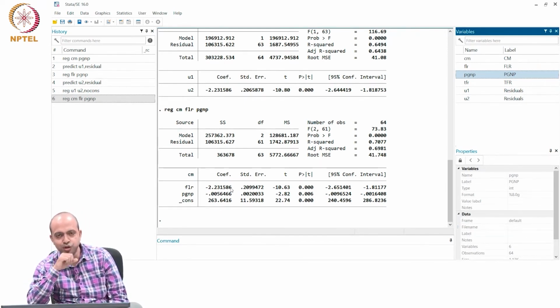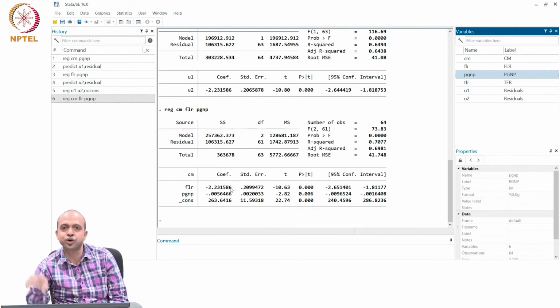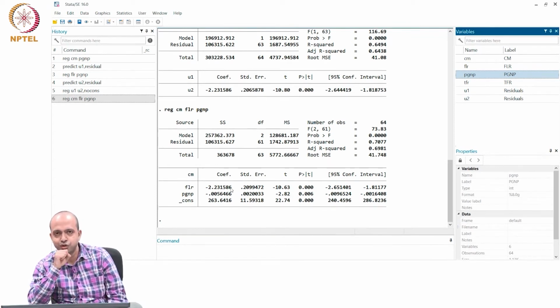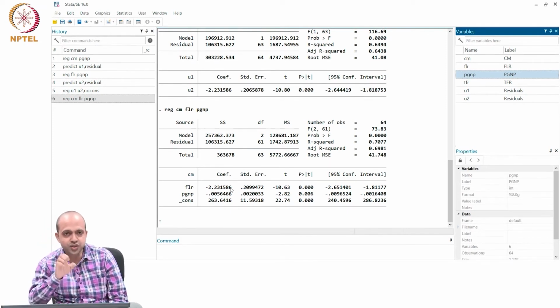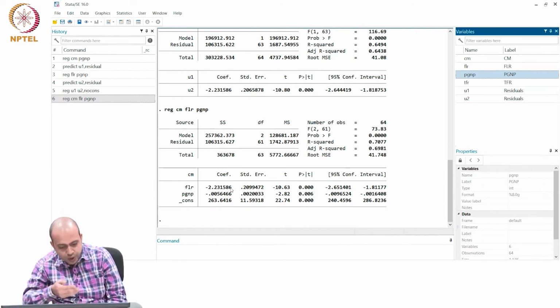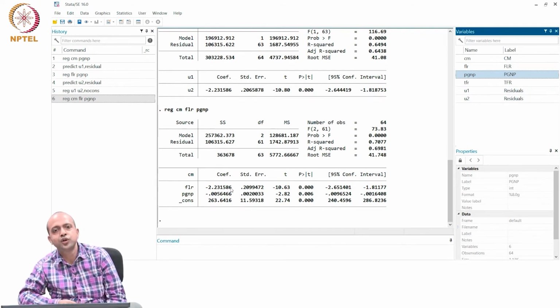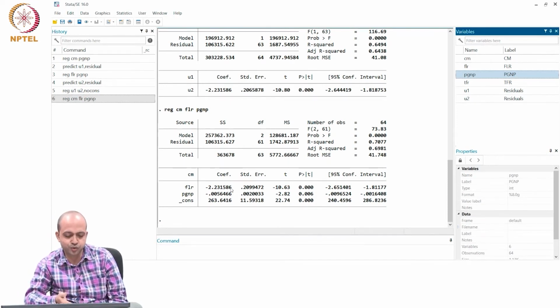That is the beauty of this multiple linear regression model and of this software. But we must know all these steps to understand the interpretation of the multiple linear regression model in a better way. If we do not know the steps, we may not be able to appreciate what we are getting from this.